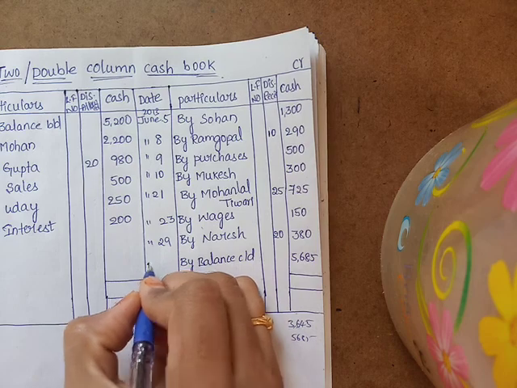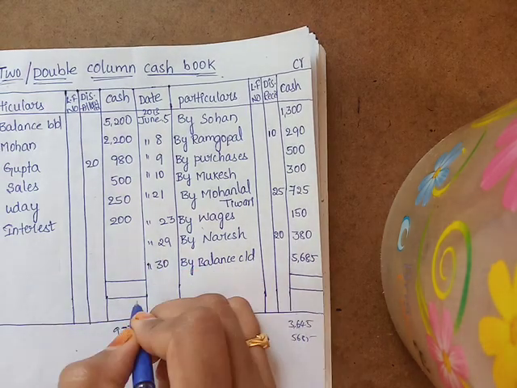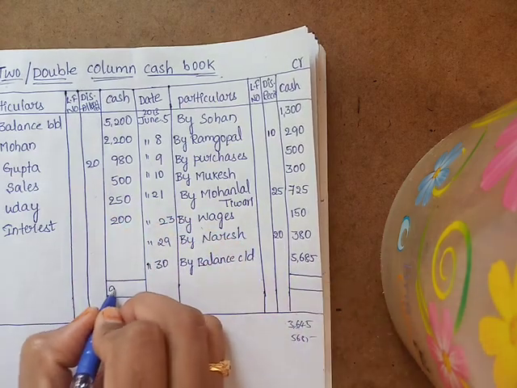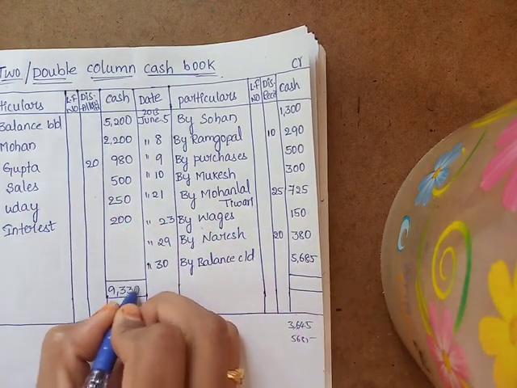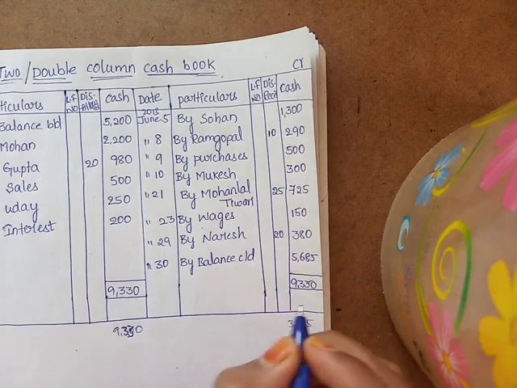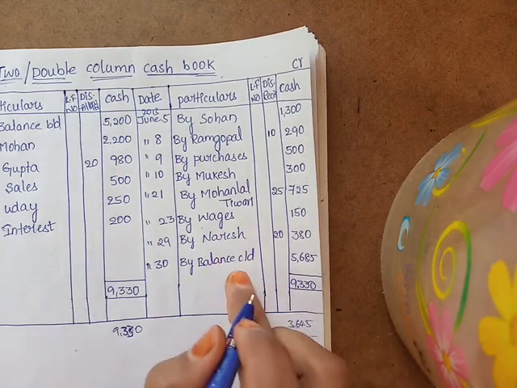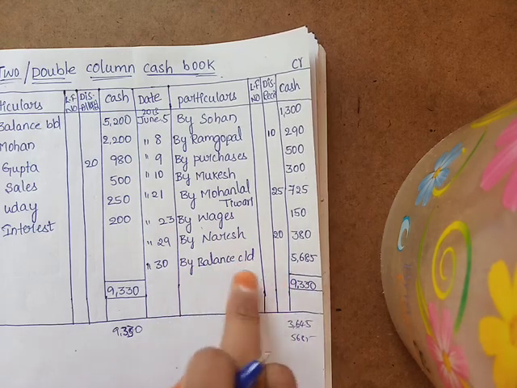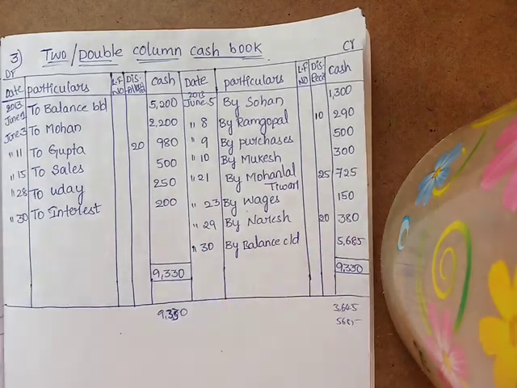On which date? On June 30. Okay, total of both sides is how much? 9,330. 9,330. So next step is what? This balance will be the next month opening balance now. So this month closing balance is next month opening balance.